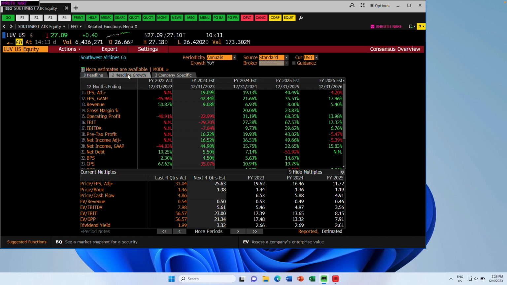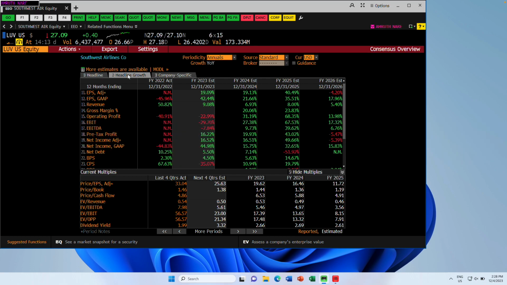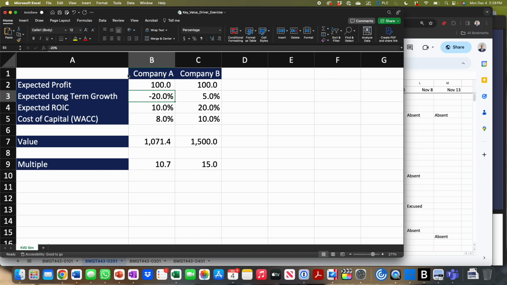Yes, sir. Increase your cost of capital. Well, let's say we're not changing the cost of capital because the risk is the risk. You could argue for an increase in cost of capital, but let's assume that the market's pricing the risk correctly. 8 to 9%, if they're all over 8 to 9%, doesn't seem like Southwest is that different than their peers. So what about the growth in the ROIC?